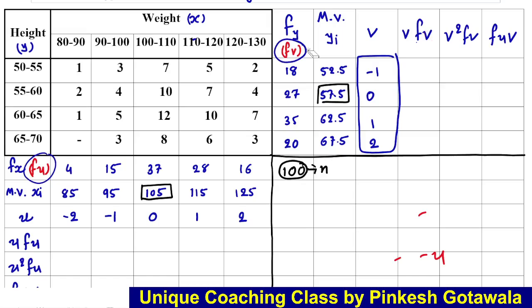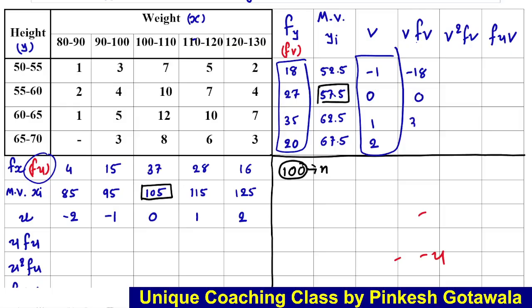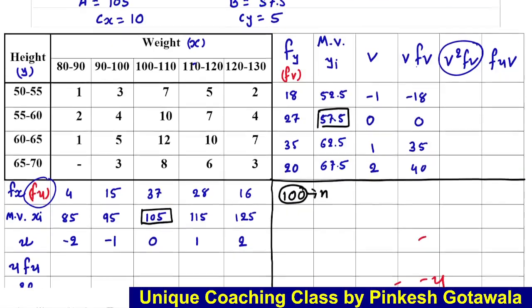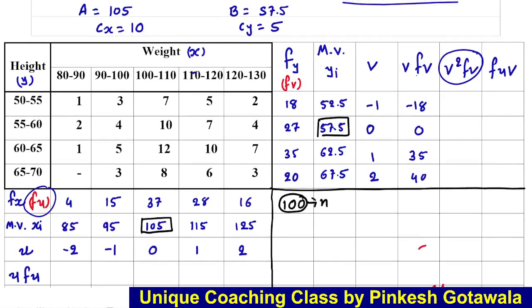Now vfv means we have to multiply these two columns. This is v and this is fv. So 18 minus 1 minus 18, 27 into 0 is 0, 35 and 40. Okay, vfv completed. Now next, v square fv. v square fv means we have to multiply these two columns, because v into v becomes v square, and fv, right?